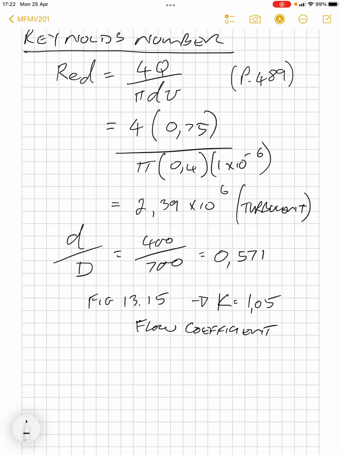All right. The next thing we're going to do is calculate using the Venturi equation.